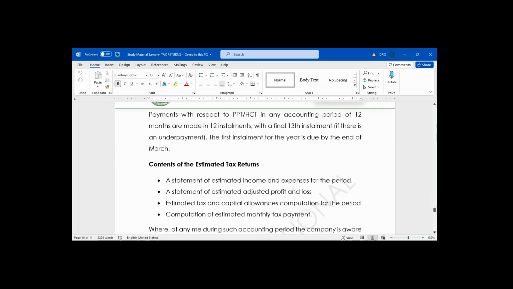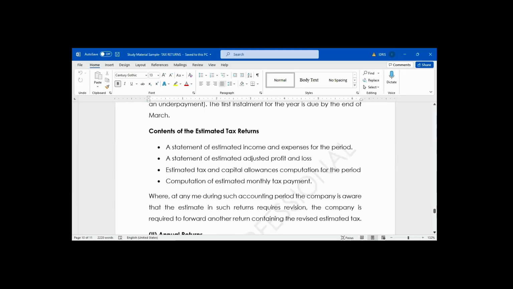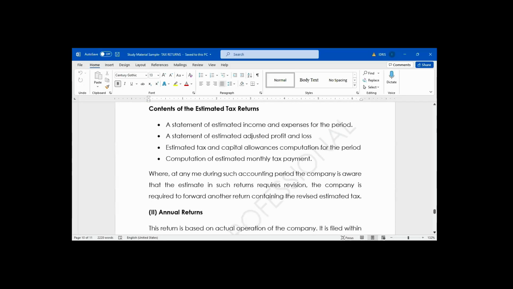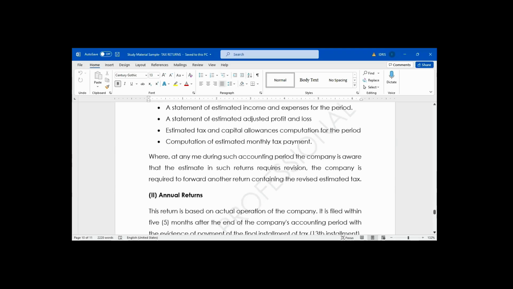Then estimated tax and capital allowance computation for the period. And the last content of estimated tax return is computation of estimated monthly tax payments.